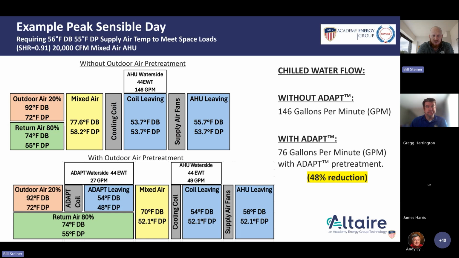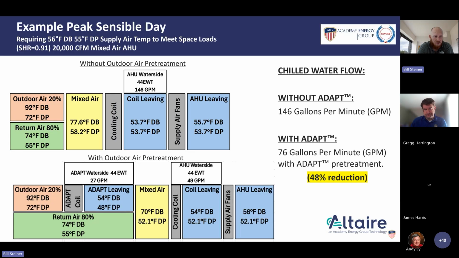Keeping in mind that this is a peak load day, and when we design, peak load days are our worst case scenarios, but when we talk about energy efficiency, we see the biggest gains on the part load day, because peak load is everything we've got to meet requirements on the worst day of heating or cooling that we're going to see over the year, right? So keep that in mind when we look at combined chilled water consumption.